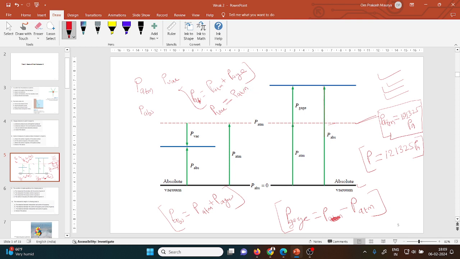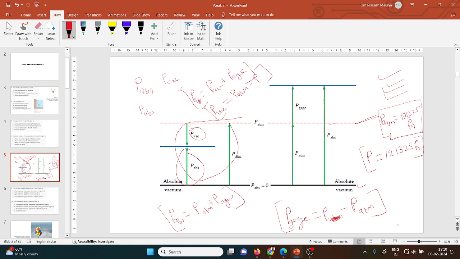P atmospheric minus whatever value of pressure is given will give you P vacuum. You can visualize it from this figure. From this black line, the P absolute zero line, up to the dashed line is P atmospheric. If you subtract your absolute pressure from it, it gives your vacuum pressure. So this is the whole idea.